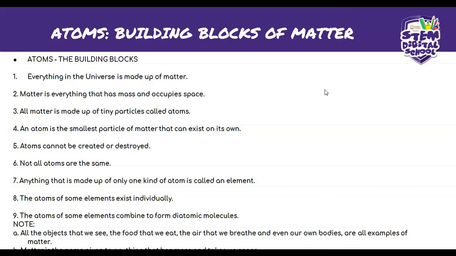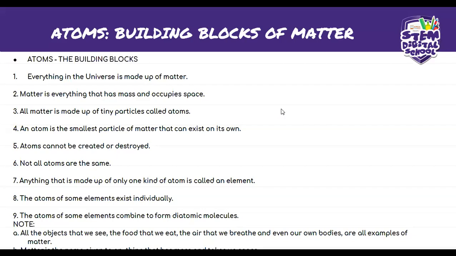All right. So we were on this very slide that was shown here. We're looking at the building blocks of matter, and I said atoms are basically the building blocks of everything on Earth, and everything on Earth is matter.